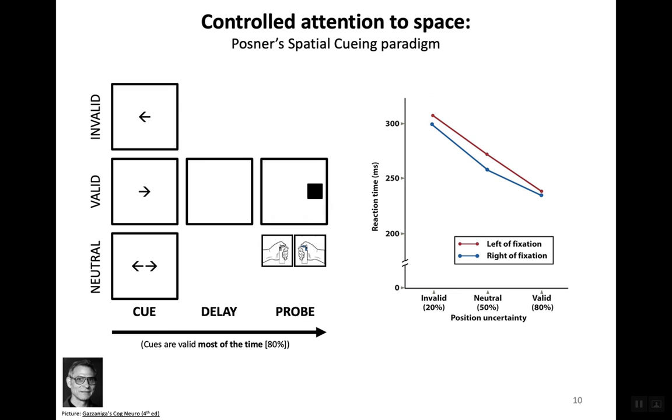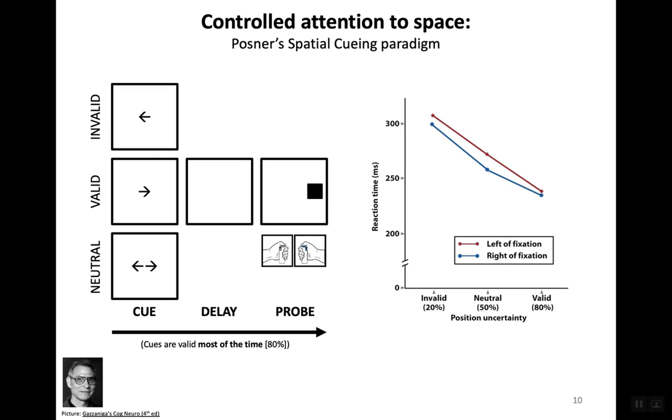And for neutral trials, we have something which is intermediary between those two different conditions. Okay, so it seems that despite the fact that we do attend relevant information, whether we pay attention to it or not, there is a cost to not deploying attention correctly to something. And that cost is quite substantial.